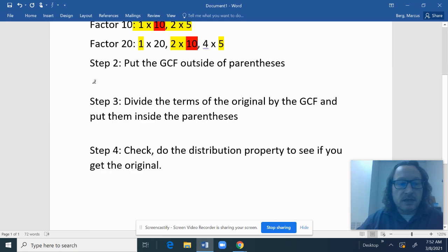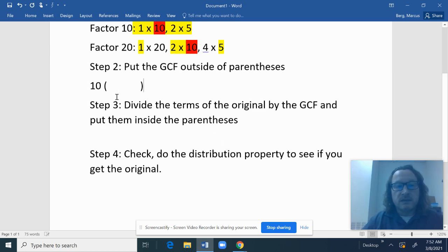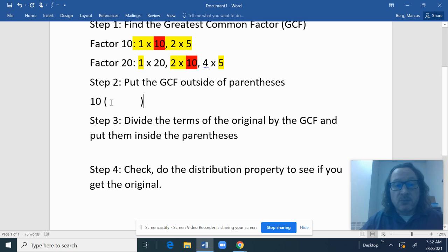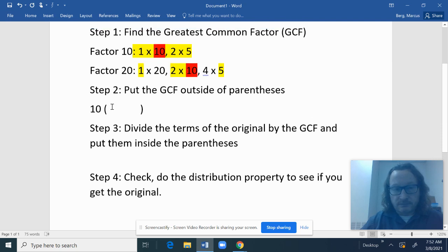Then we go to our second step, and we're going to put the greatest common factor outside in parentheses. So I'm just going to put a 10 here, with parentheses inside. Now we need to figure out, what do I put inside the parentheses?